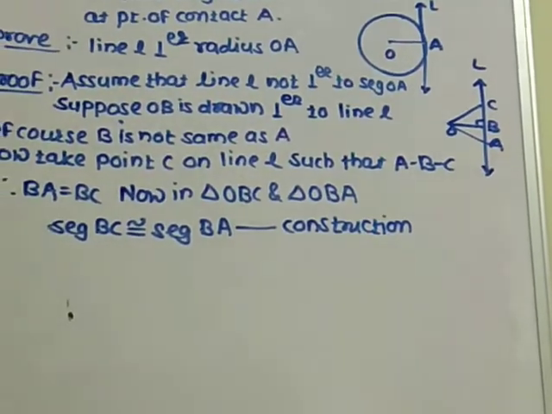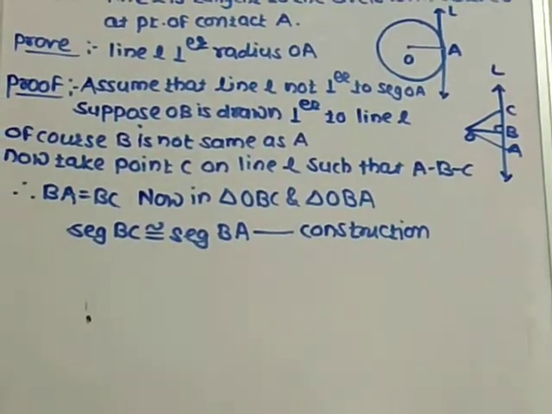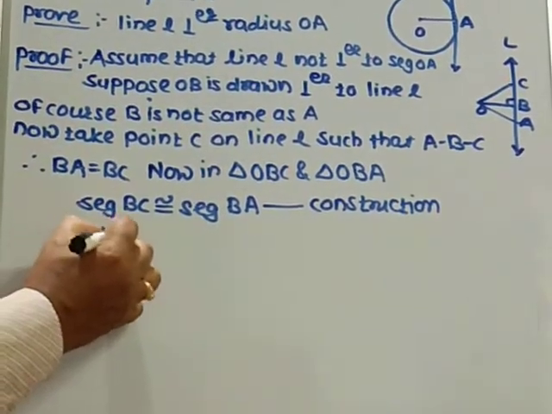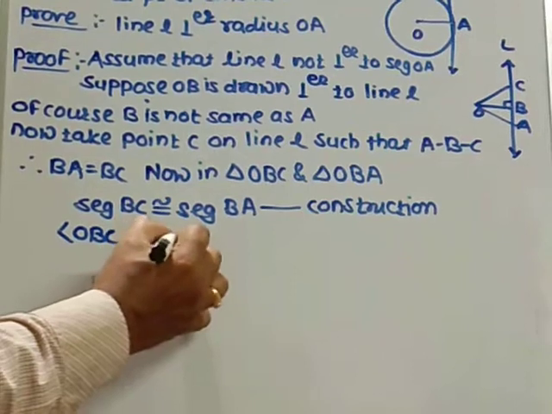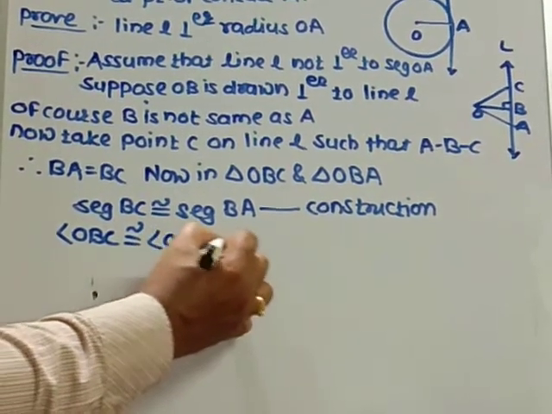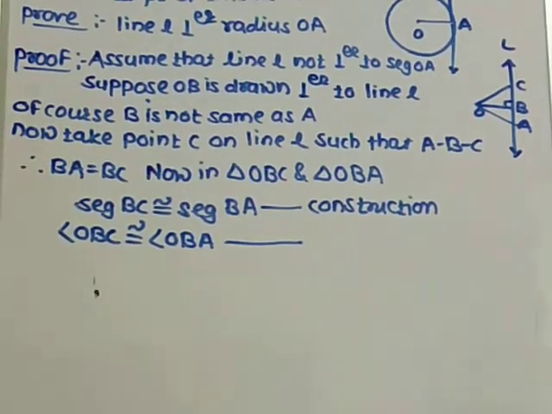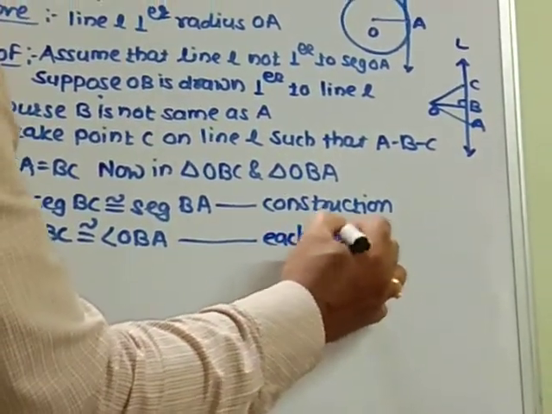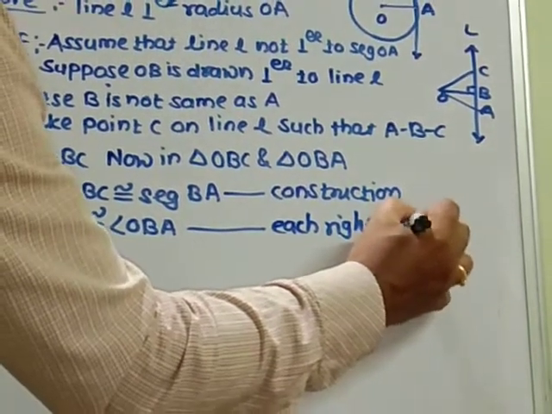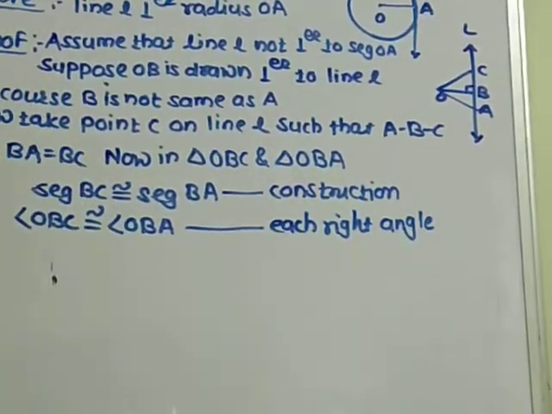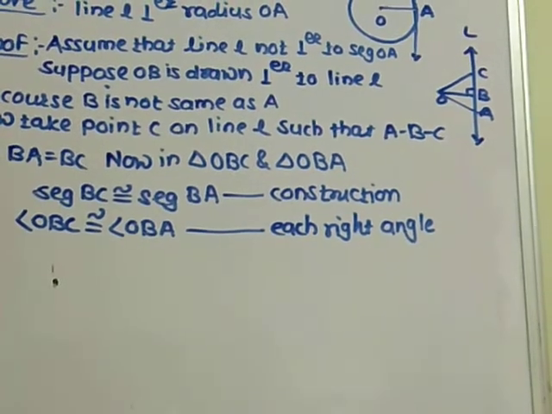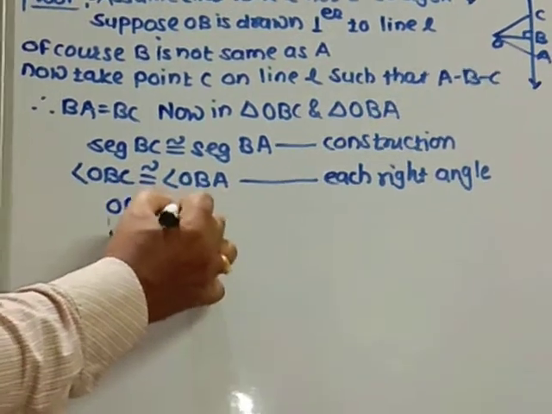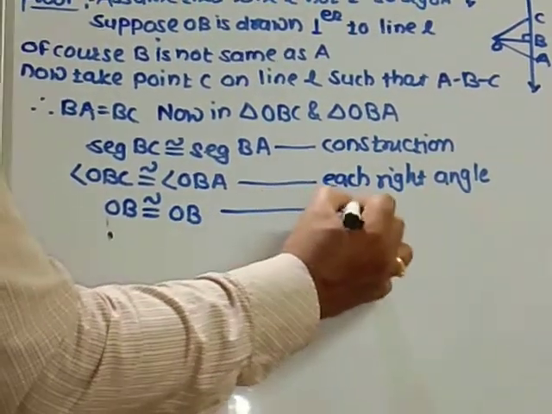Angle OBC is congruent to angle OBA, because each is a right angle. OB is congruent to OB, a common side.